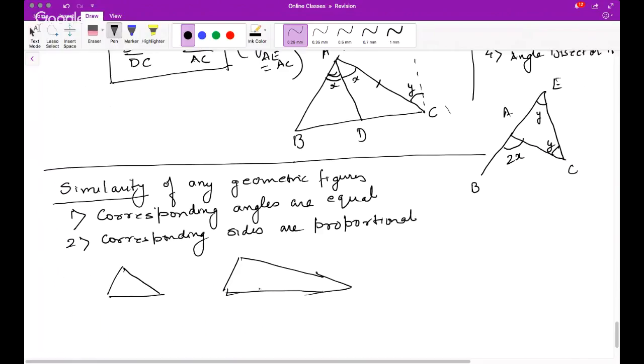Let's say triangles ABC and DEF. There are three angles in the two triangles, and three sides AB, BC, CA. In ninth class, you learned that we denote sides by small letters a, b, c, and here d, e, f.